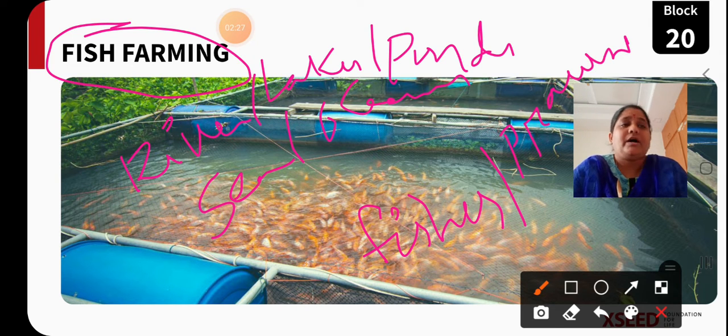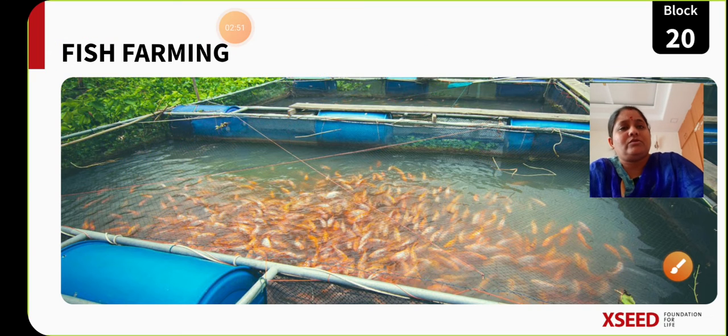Sometimes even artificial structures are constructed near the river banks, near the roadsides, where we are rearing the fishes of our wanted characteristics on a large scale for the production of fish meat, and that is supplied in the markets to earn money. Such a fish farming, yes, today we are going to learn.